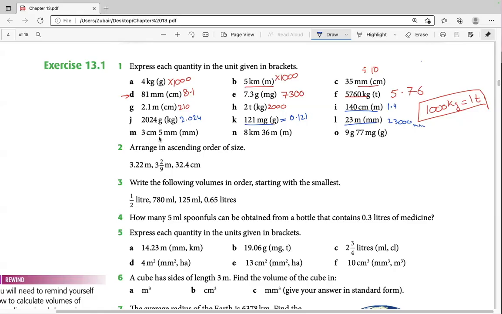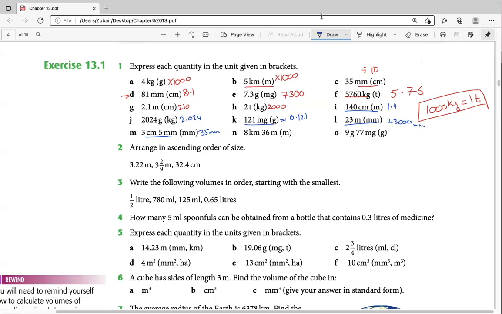3 centimeter and 5 millimeter. So we converting them in millimeters. I can just add the 5 later, so I just have to do the 3. Very good. So that is times by 10, so 35 millimeters. Very, very good. 35 millimeters.